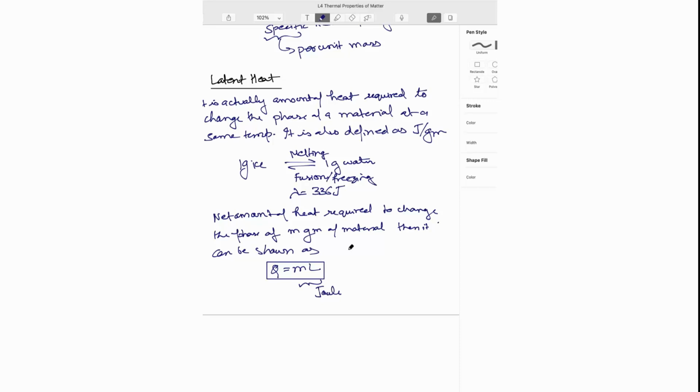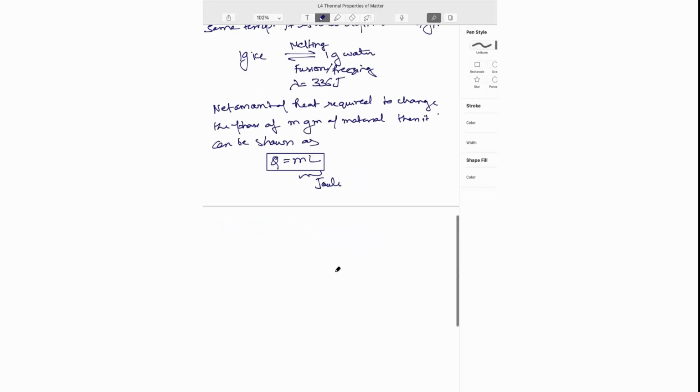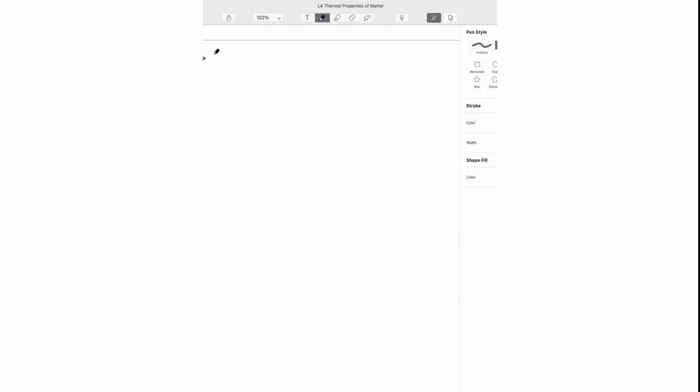So let's look at some questions. The question is: find the amount of heat required to change 10 gram of ice at -5 degrees centigrade to water at 20 degrees centigrade.